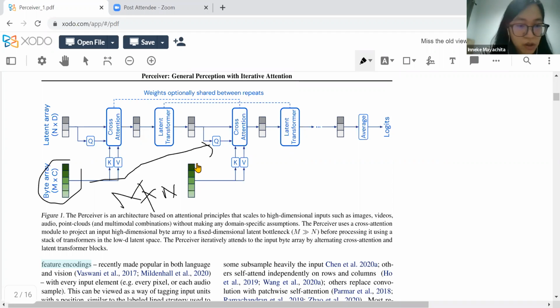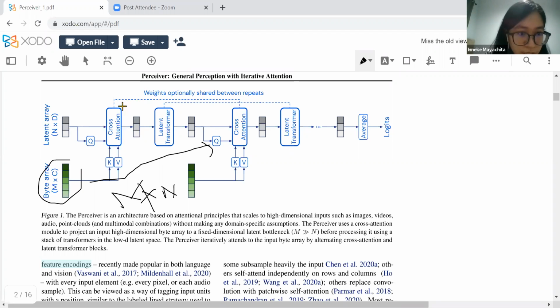If we also see here, we don't fully get rid of self-attention, because inside this latent transformer we still do the self-attention, because this latent transformer is the same as the vanilla transformer. But now, because we do the attention operation in this path, it's not going to be a very huge matrix like the inputs.